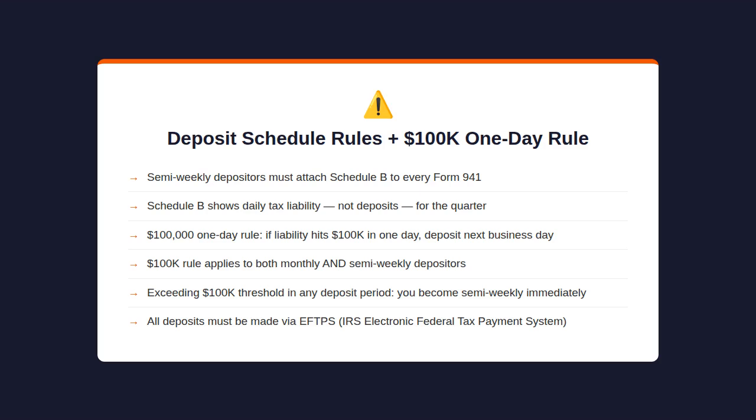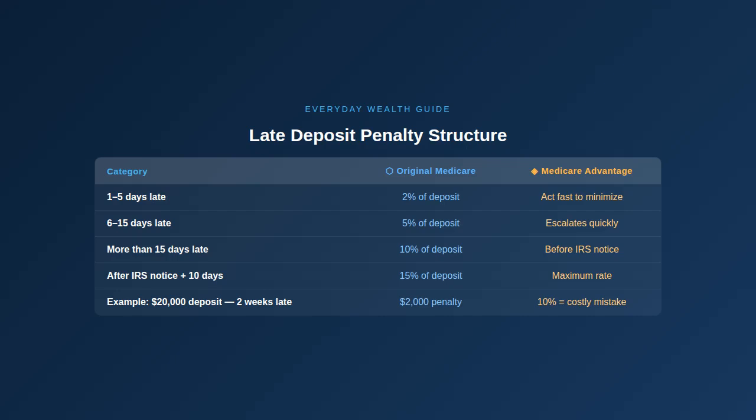The penalties for depositing payroll taxes late are immediate and steep. If you're 1 to 5 days late, the penalty is 2% of the deposit amount. 6 to 15 days late, it's 5%. More than 15 days late but before the IRS issues a notice, it's 10%.